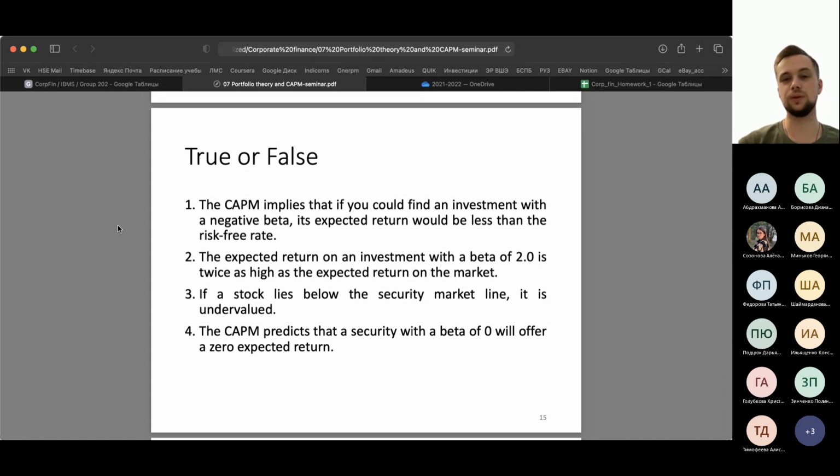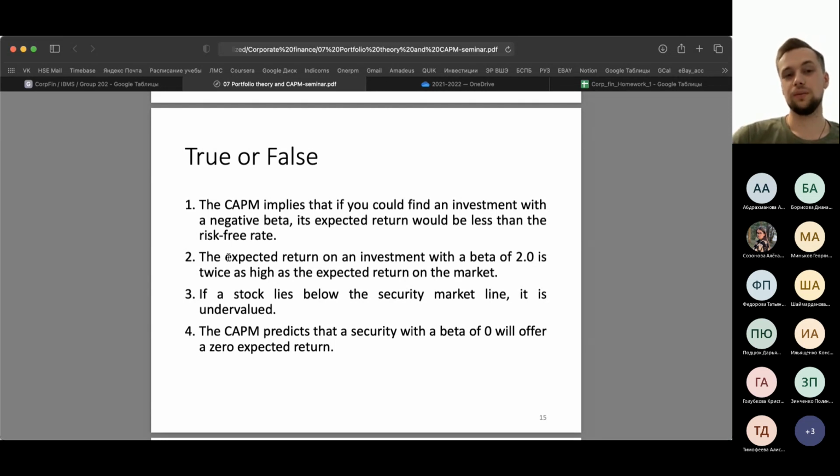So if we find such an investment with a negative beta, the expected return for this stock will be less than the risk-free rate. When we are going to value this stock, the discount rate will be less than the risk-free rate. That means the price for such a stock will be quite higher.